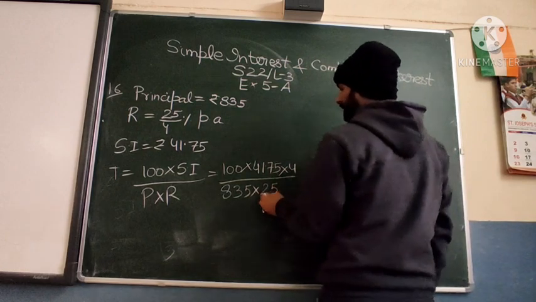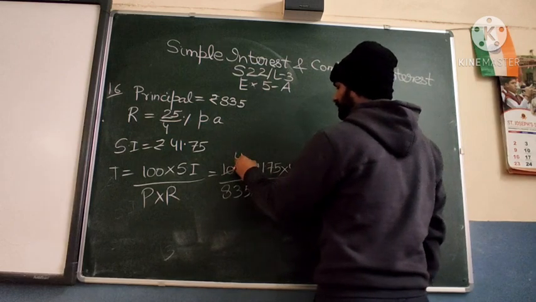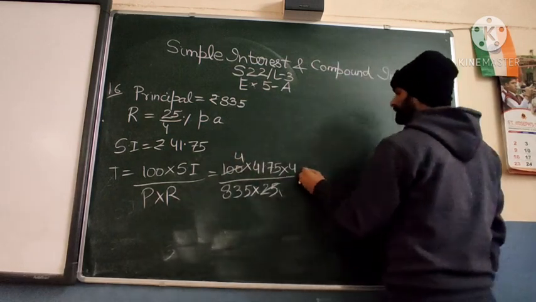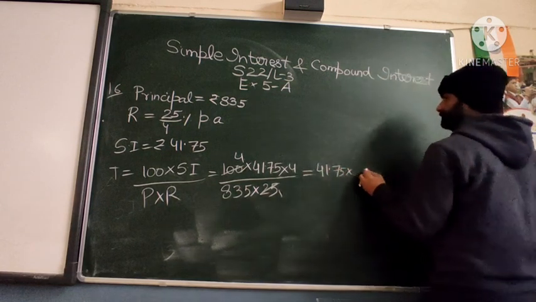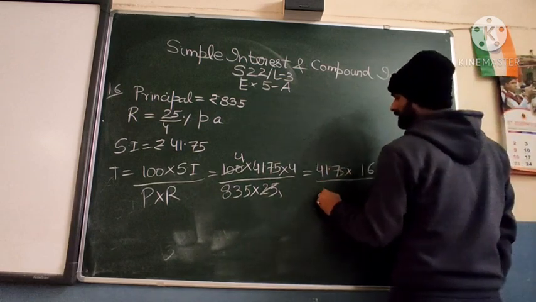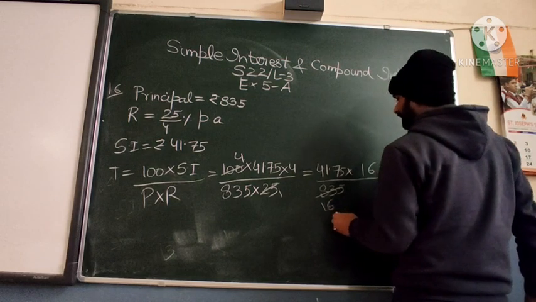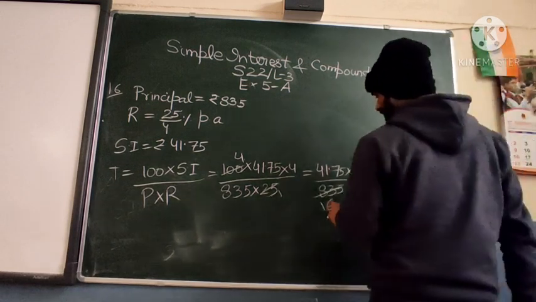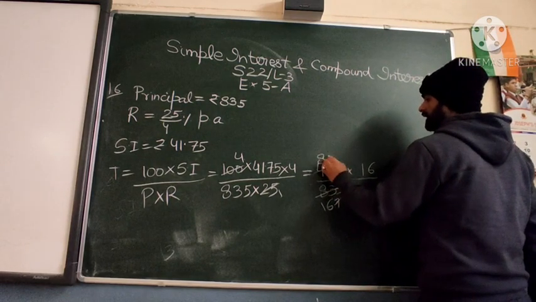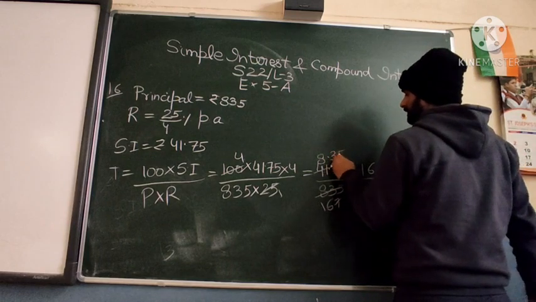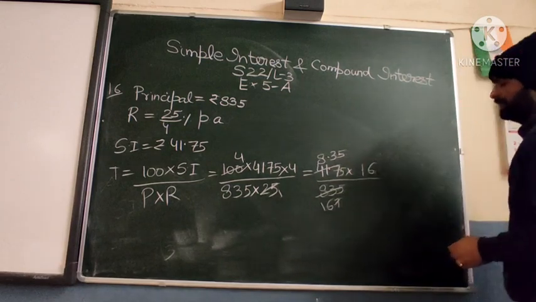So it will be 41.75 into 16 into 835 upon 25 for the 100. 5 is 30, and again 5 is 35, 5 is 40, 5 is 15, 5 is 25. Okay. So 8.35, how many times?